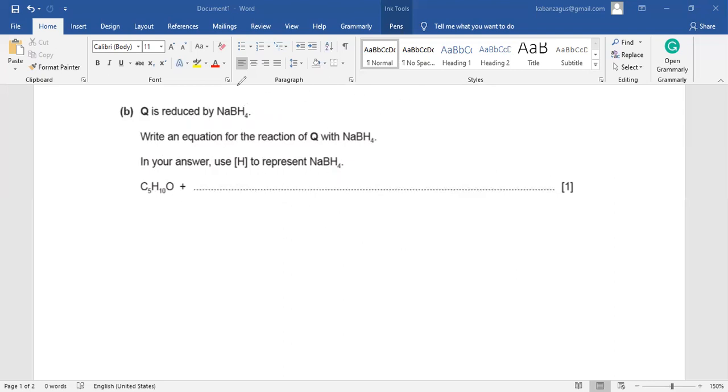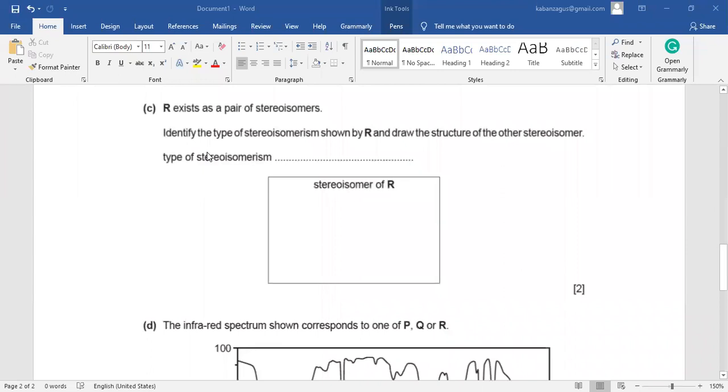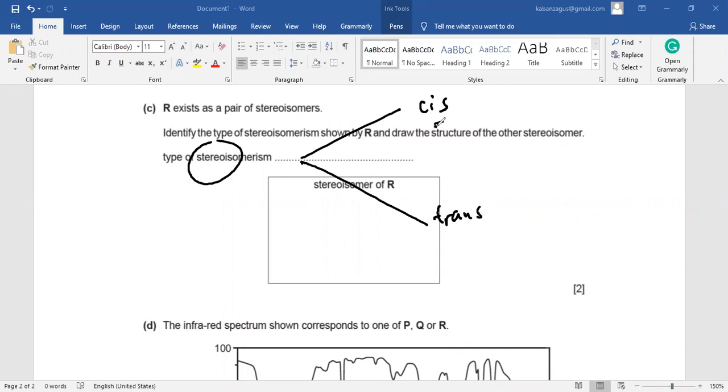Okay, let's continue. R exists as a pair of stereoisomers. Identify the type of stereoisomers shown by R and draw the structures of the other stereoisomer. Stereoisomers basically means whether you have cis and trans. When you hear stereoisomer, remember that this isomer occupies cis and trans structure.